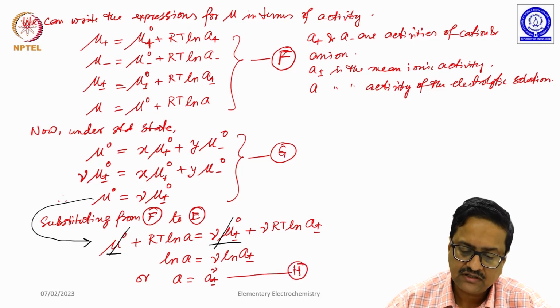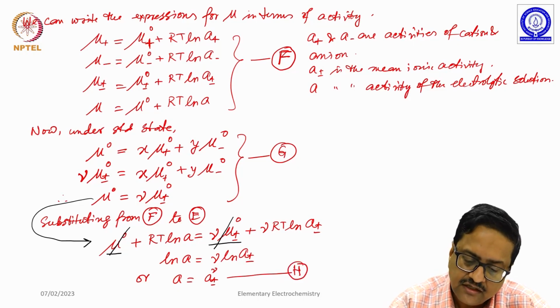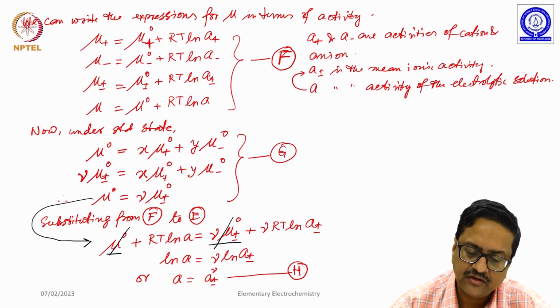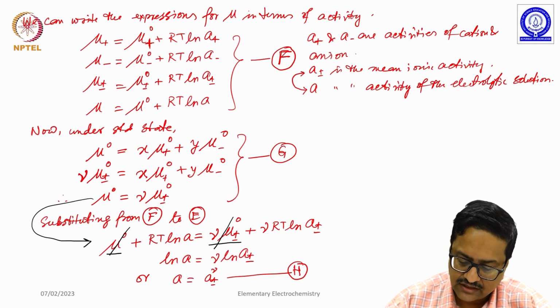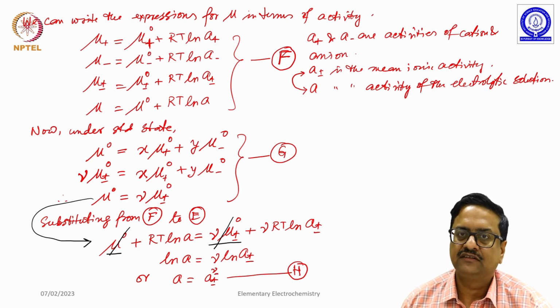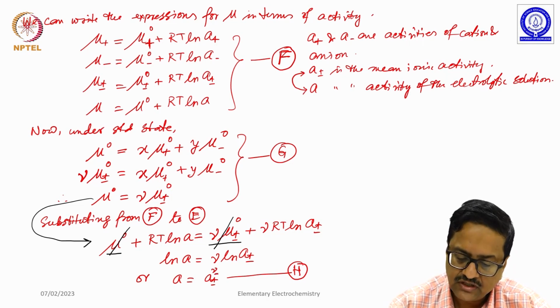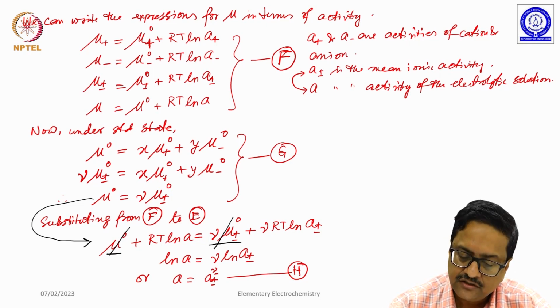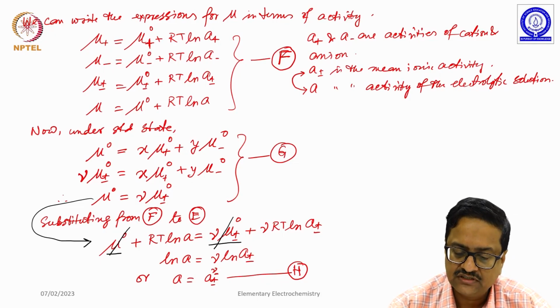So, now we have got a relationship between the activity of the electrolytic solution and mean ionic activity in terms of the stoichiometric coefficients. Now I just want to highlight one point here about the stoichiometric coefficient. Suppose you are talking about NaCl. So, x equal to 1, y equal to 1.